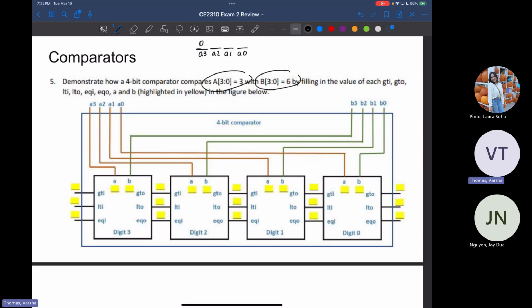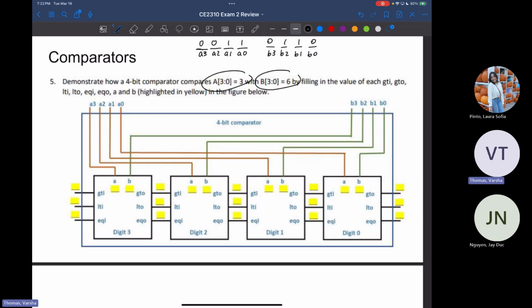So that would be 0, 0, 1, 1. And then the same thing for the B input. 4-bit binary of 6 in this case. So that would be, wait, wrong one. Yeah, it would be that.